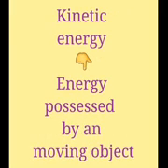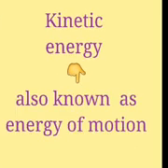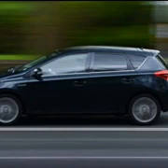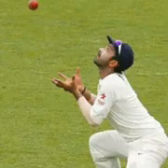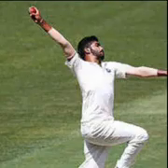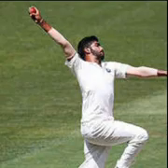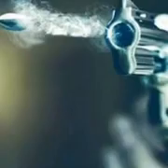What is kinetic energy? Energy possessed by a moving object is known as kinetic energy. It is also known as energy of motion. Example, moving car, cricket ball bowled by a player, bullet coming out of a gun.